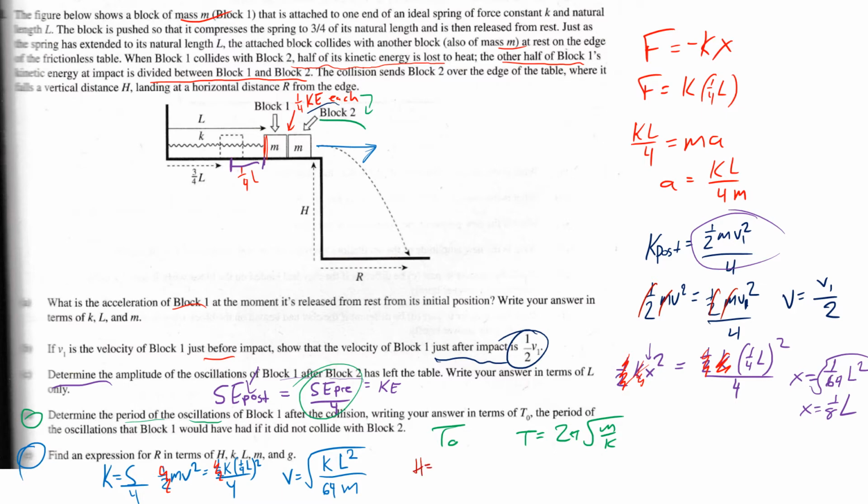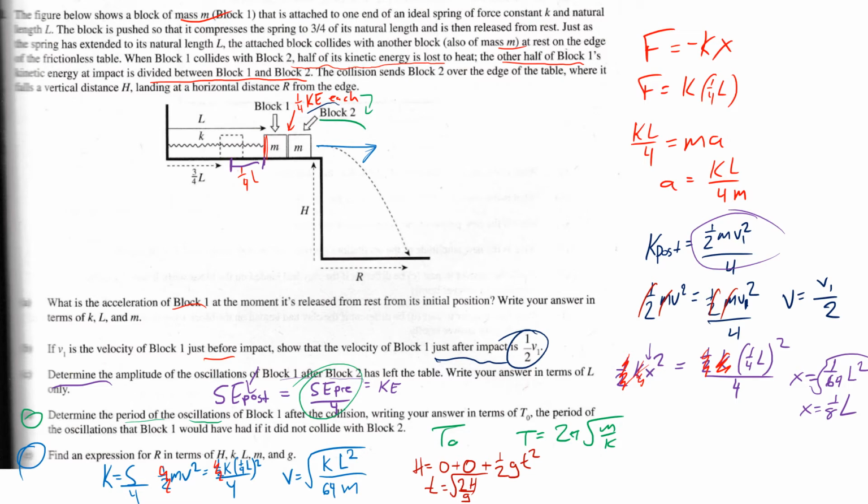This is using the second big equation: 0 plus no starting velocity, plus 1/2 gt squared, solving for t. Time is going to equal square root of 2h over g. Oh, g. There it is. Okay. So that's the time it takes to fall down, right?